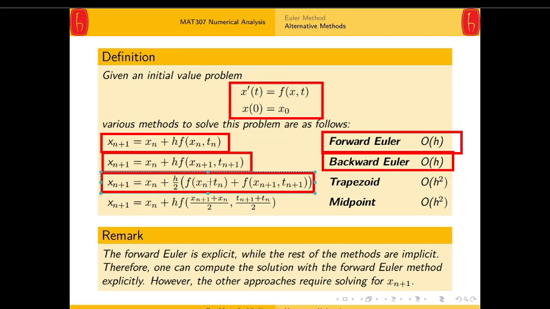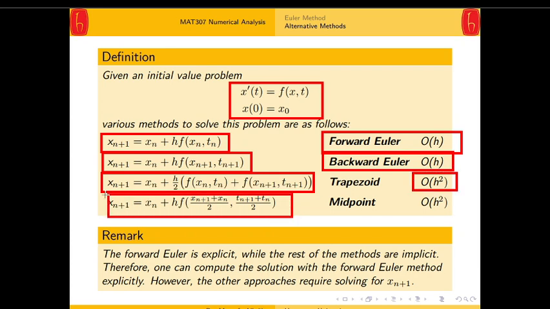This is how we find the slope at the left end point, and this is how we find the slope at the right end point. If we take their average, we obtain the trapezoid rule, and it has h squared accuracy. So this is a second order method to solve ODEs.